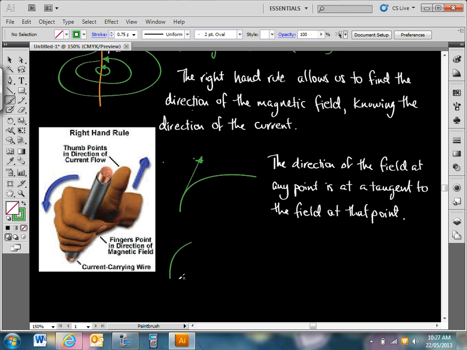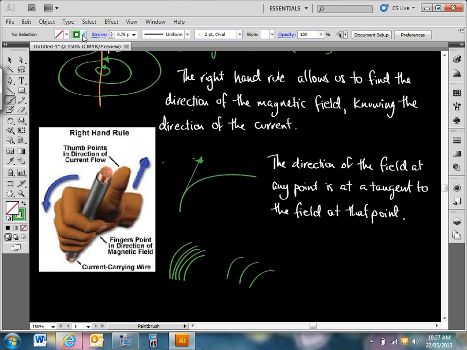If I want to draw some magnetic field lines, I can draw them close to each other, or I can draw them further apart.